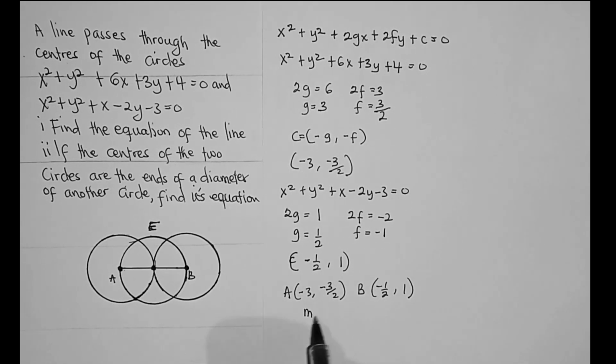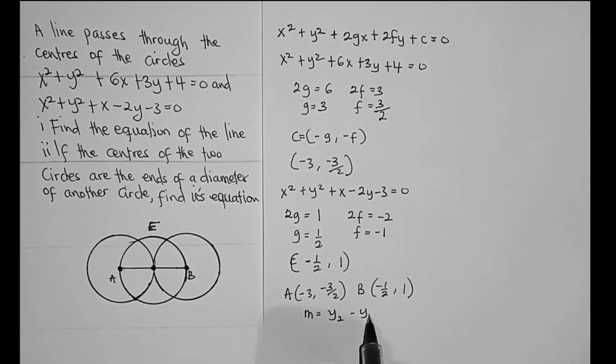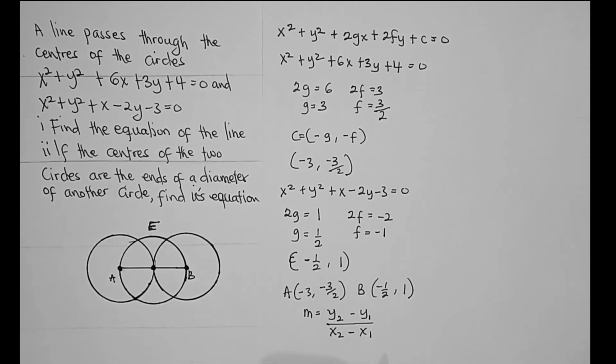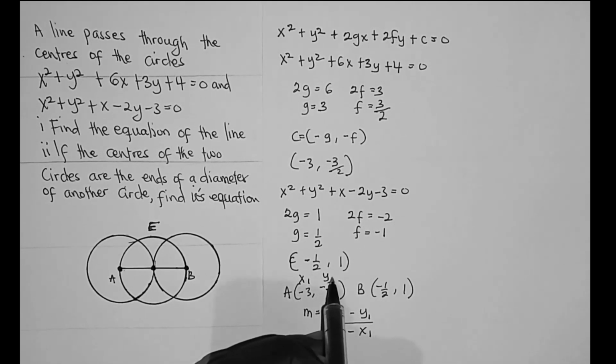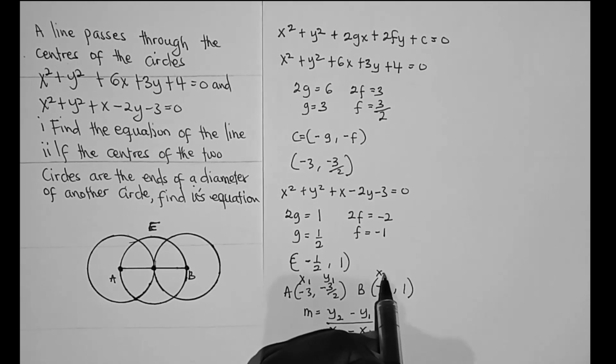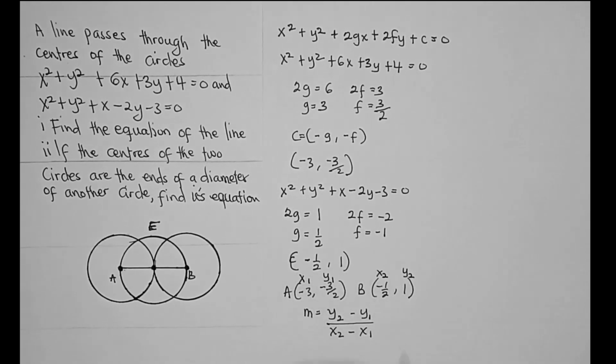The gradient m is equal to y2 minus y1 divided by x2 minus x1. So this is x1, y1, and this is x2, y2.